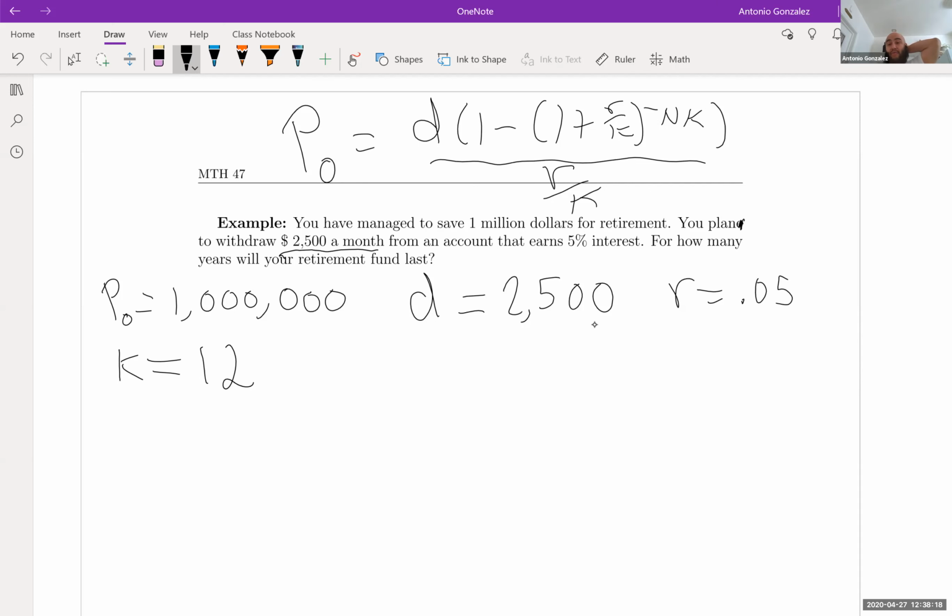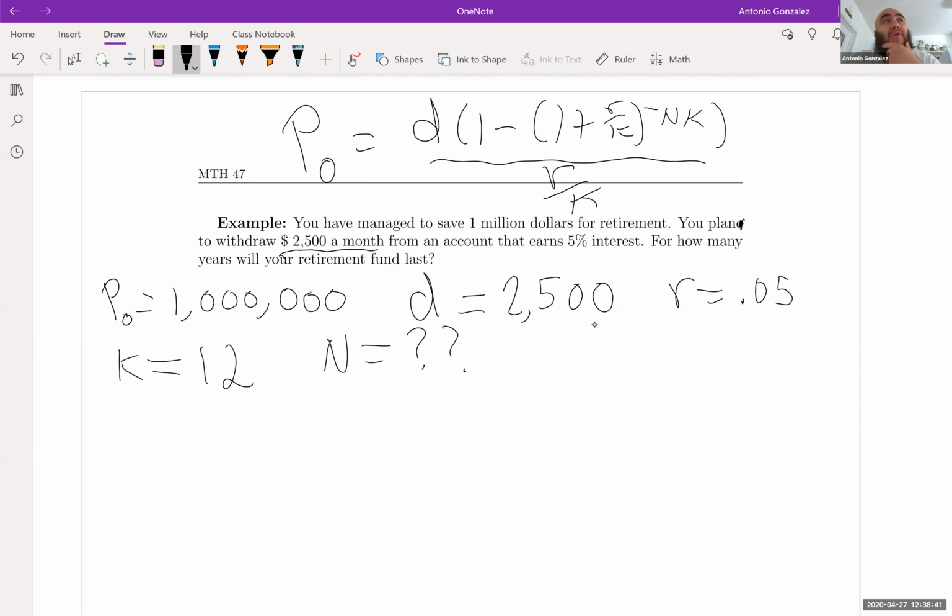Now, the one thing I don't know is N, right? If I have this set up, how many years can I live off of this money? All right. Now we need a new tool to help us do that, something that we haven't talked about up to this point.